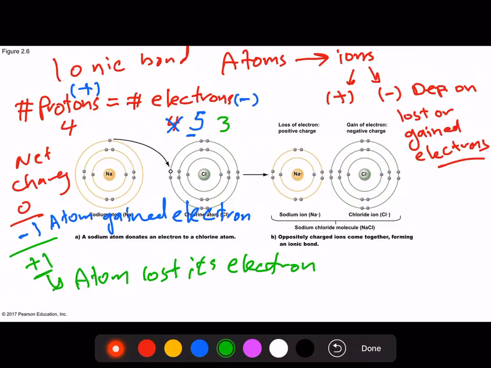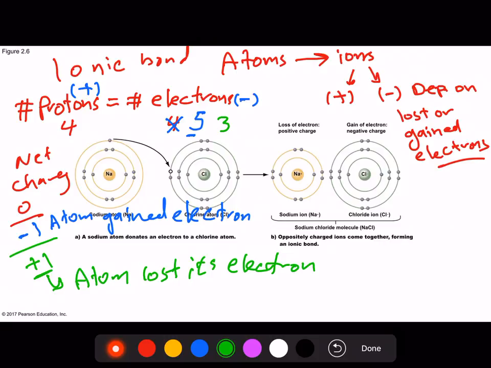Now, usually atoms are always going to gain or always going to lose. There are very few examples of atoms that can either lose or gain, and we are not going to see them. For our course, atoms are always going either to gain or to lose.